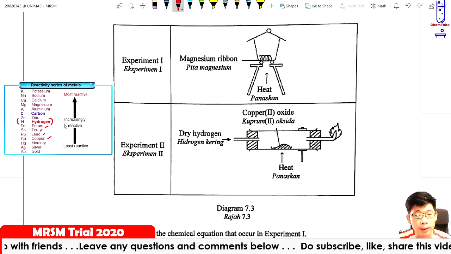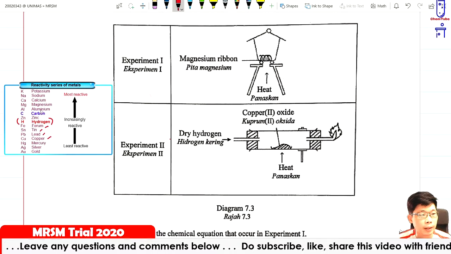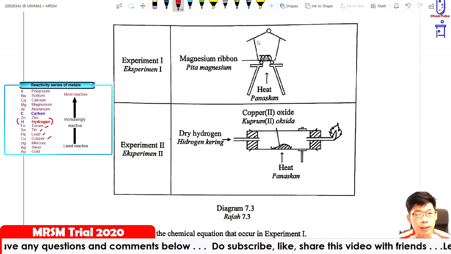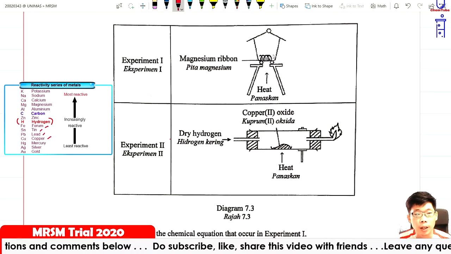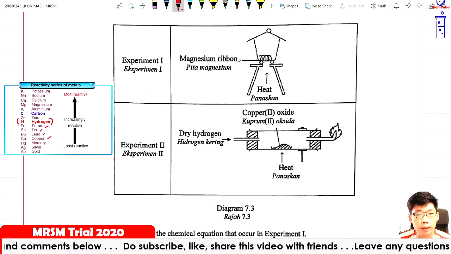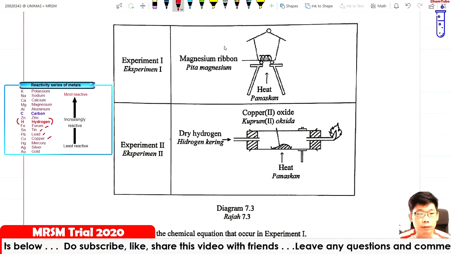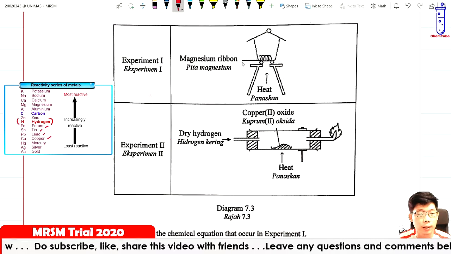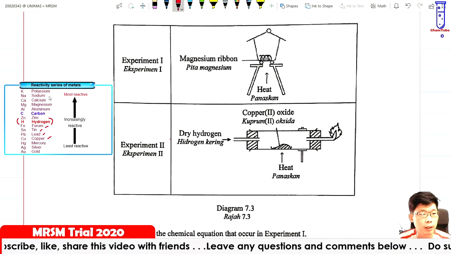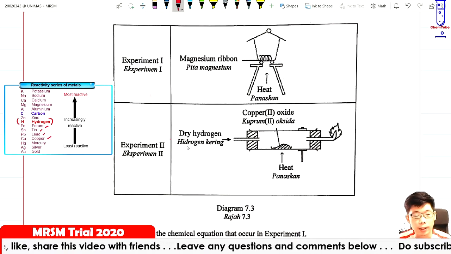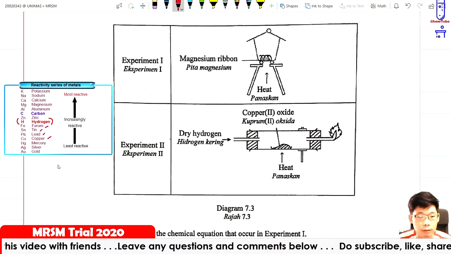Meanwhile, for the metals that are above the hydrogen, like zinc, aluminum, magnesium, we will use this apparatus. Just heat directly in the crucible to react the metals with the oxygen. So method 1 is for the reactive metals, the metals above hydrogen in the reactivity series. Then experiment 2 is for the metals below the hydrogen in the reactivity series.